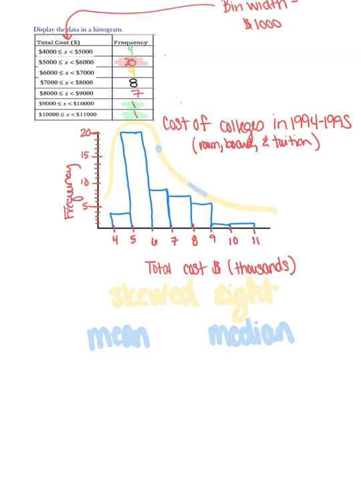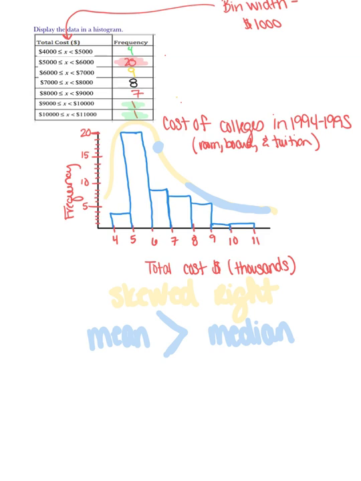And since you have these data points sitting over here, that's going to pull the mean in that direction. So here's my median right here. These are going to pull that mean to the right. So the mean, because it's skewed to the right, is going to be greater than the median. And we're going to talk about that more on the last slide.